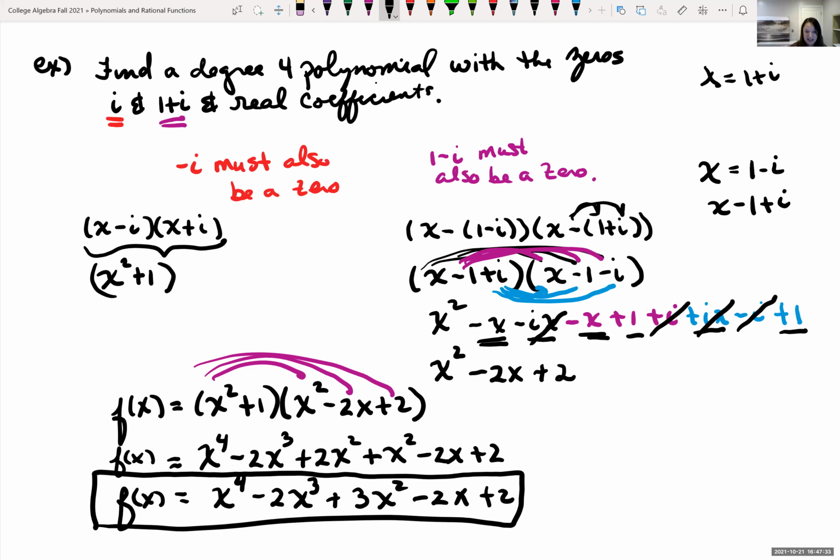So there's actually an infinite number of degree 4 polynomials with those zeros. We could multiply this f of x by any constant and get the same zeros.